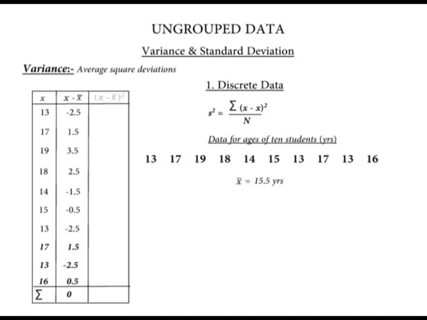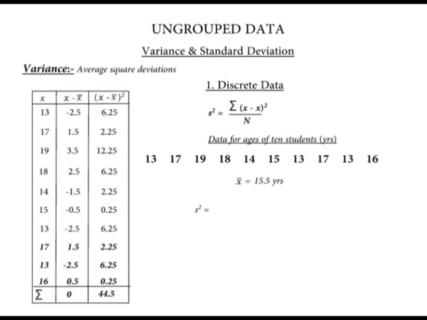Now we square that deviation, that is x minus x bar squared. Minus 2.5 squared is 6.25. 1.5 squared is 2.25. 3.5 squared is 12.25, all the way down. The summation of the square of those deviations gives us 44.5.